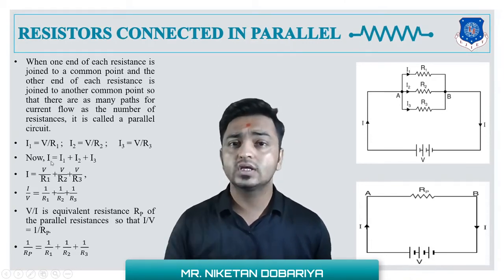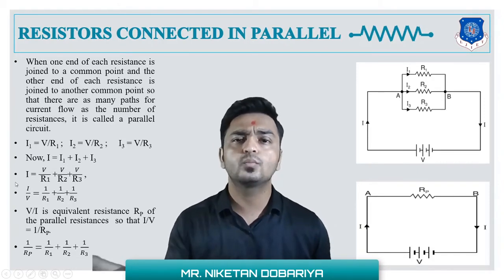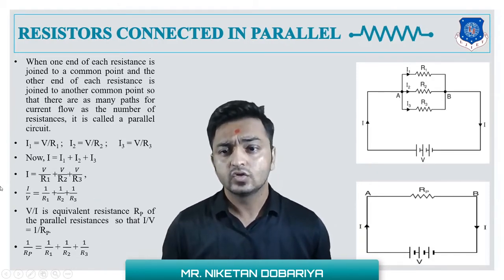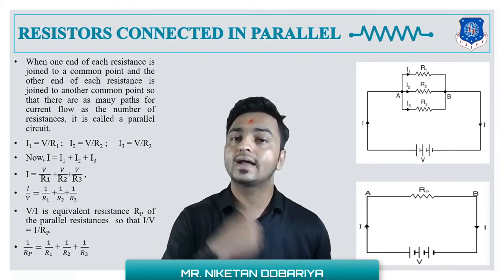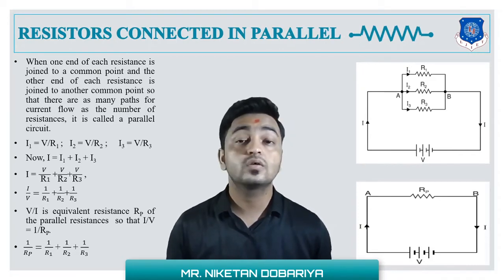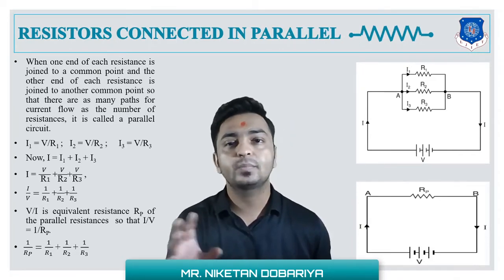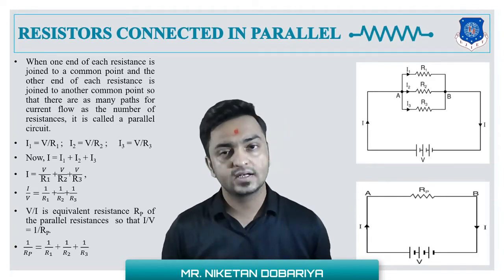Since this is a parallel connection, you can also write it as 1 upon RP, where RP is nothing but the equivalent resistance of this parallel connection.